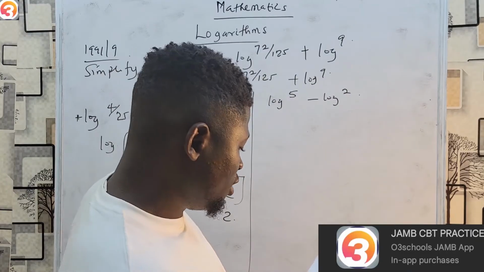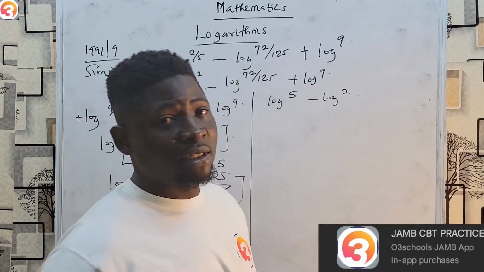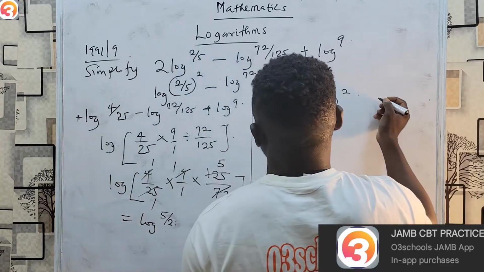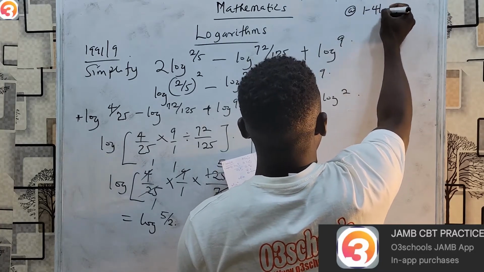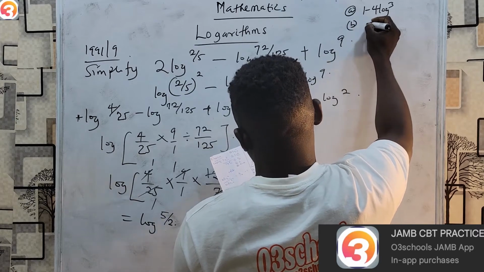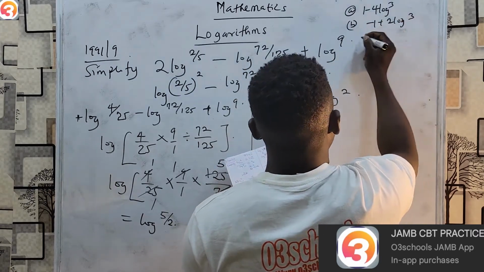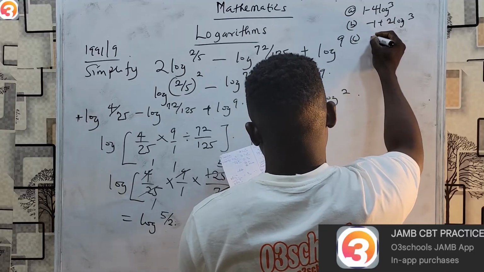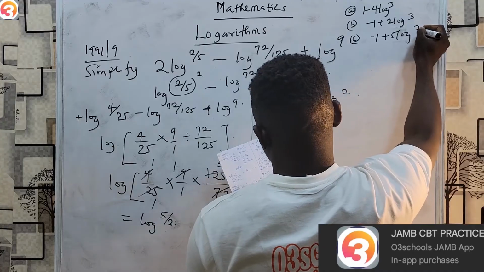But looking into my questions, because I went to relax just now to see, it's not in the question. So it's not in the options rather. So A, we're given 1 minus 4 log 3. B, we're given minus 1 plus 2 log 3. Then C, we're given minus 1 plus 5 log 2.